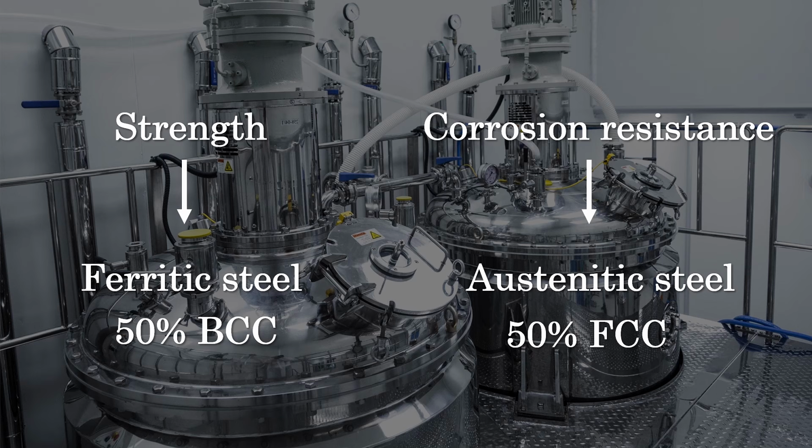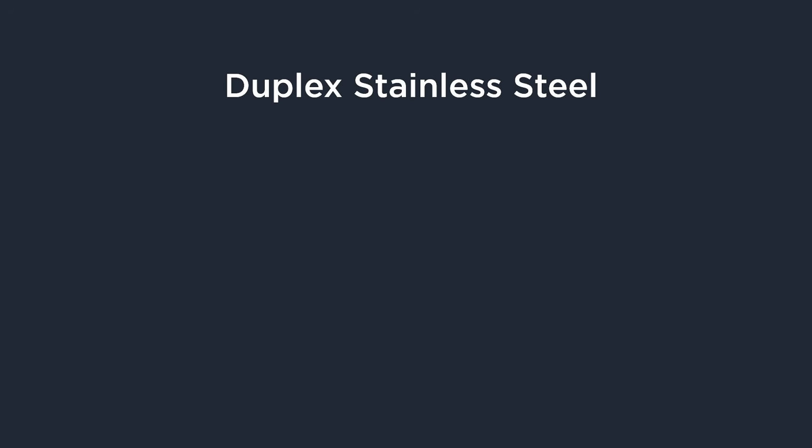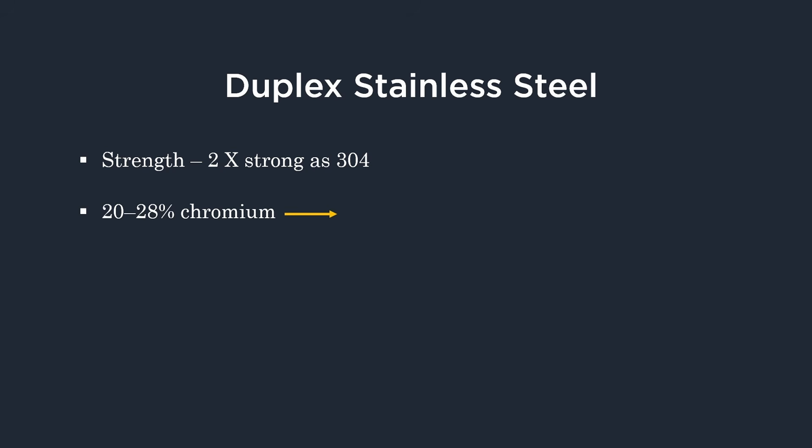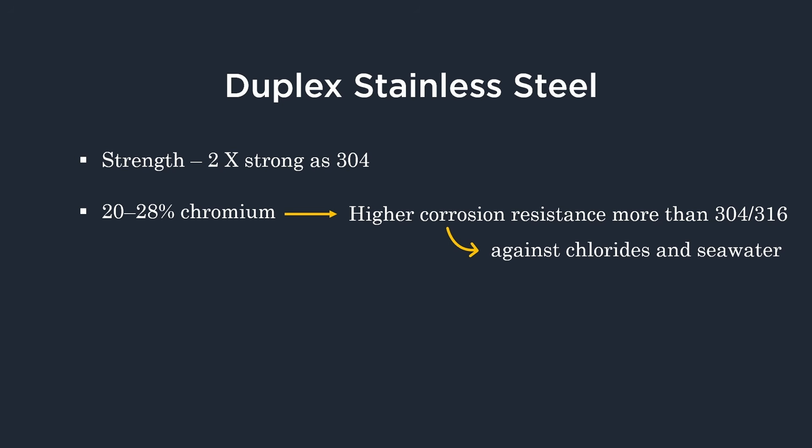So we get a balance of toughness, strength, and corrosion resistance in one stainless steel. Duplex stainless steels are more than twice as strong as 304 and 316. And they also provide higher corrosion resistance than 304 and 316, especially against chlorides and seawater.